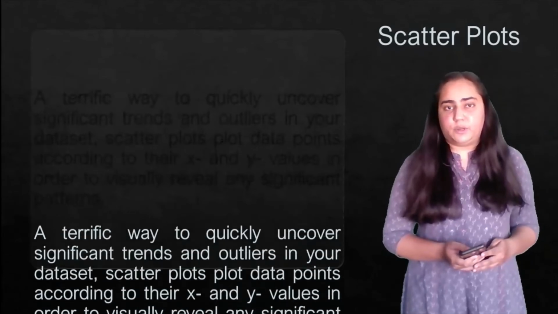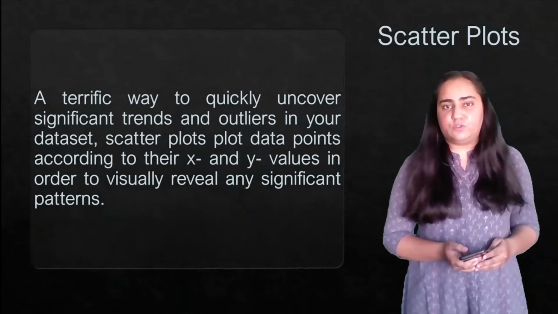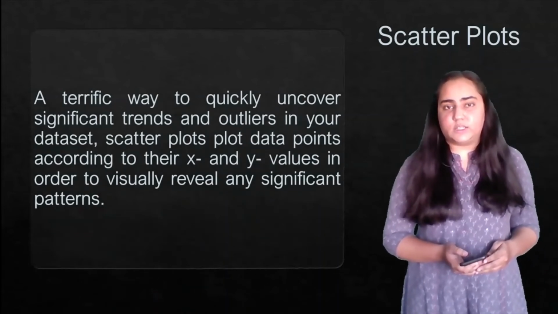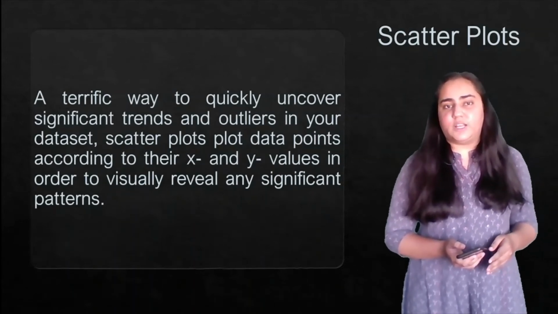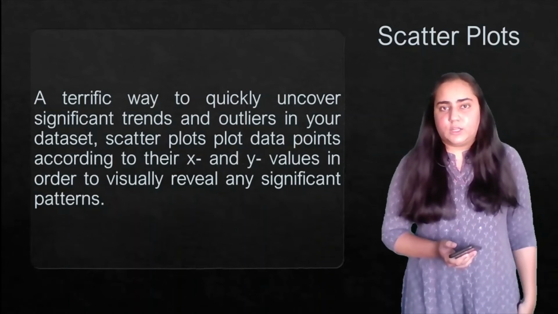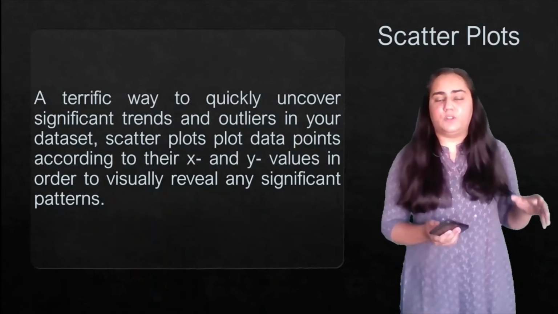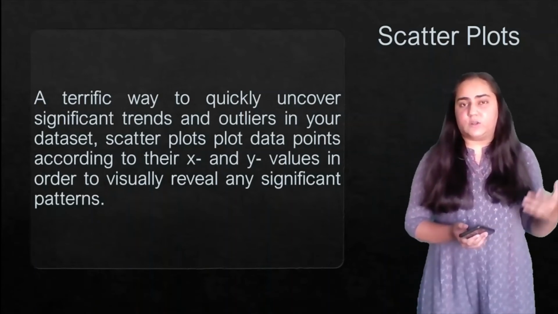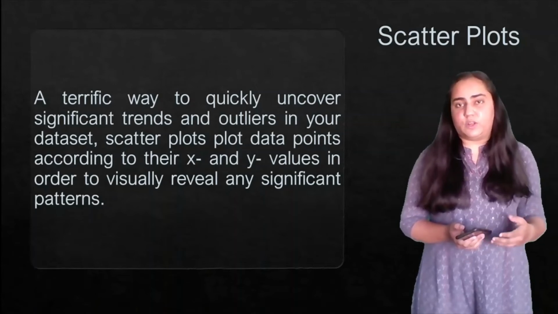Next are scatter plots. A terrific way to quickly uncover significant trends and outliers in your dataset. Scatter plots plot data points according to their X and Y values in order to visually reveal any significant patterns. So you might be familiar with scatter plots already if you have watched videos which I created on linear regression, multivariate regression, as well as polynomial regression.